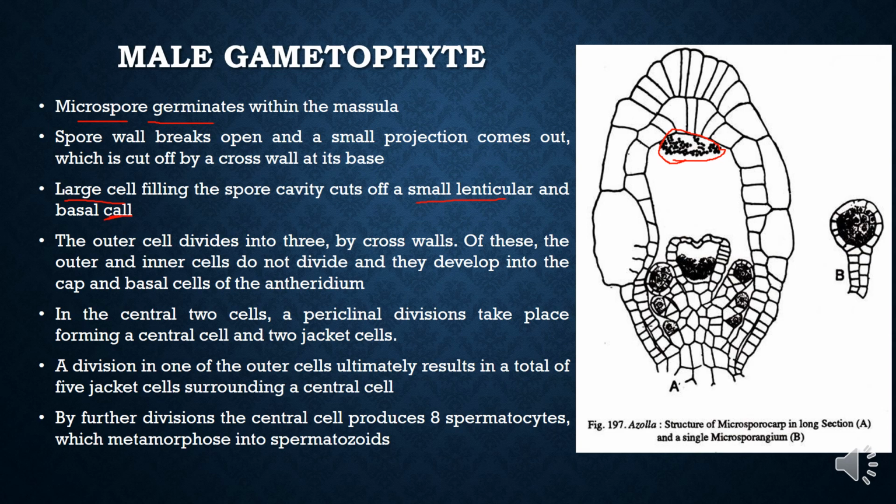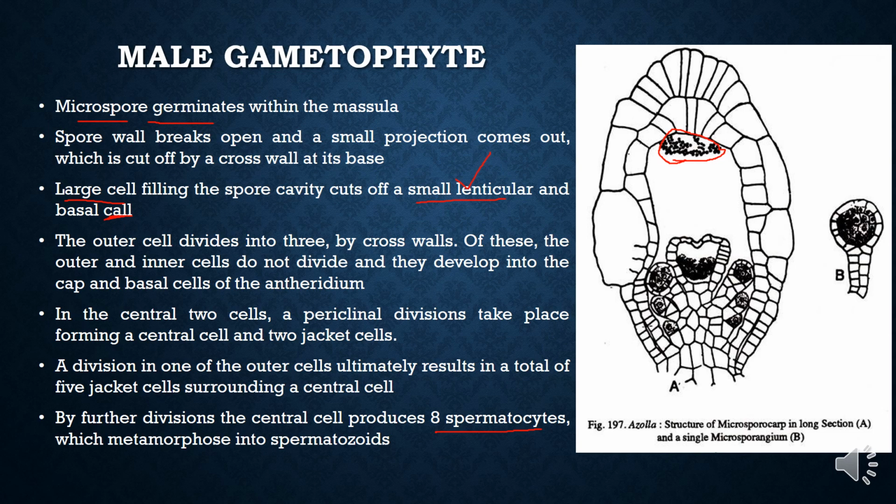The large basal cell is mainly nutritive in function, and takes no further part in the formation of spermatocytes. In the antheridium, ultimately 8 spermatocytes are produced.